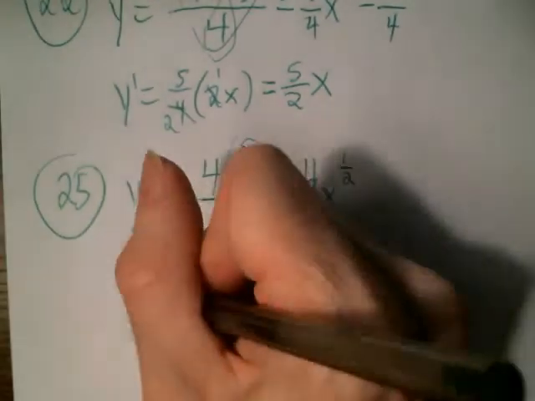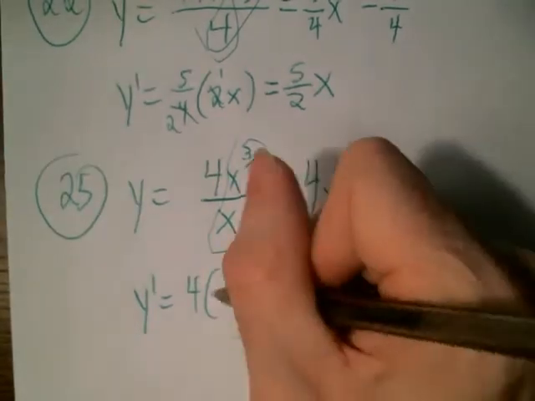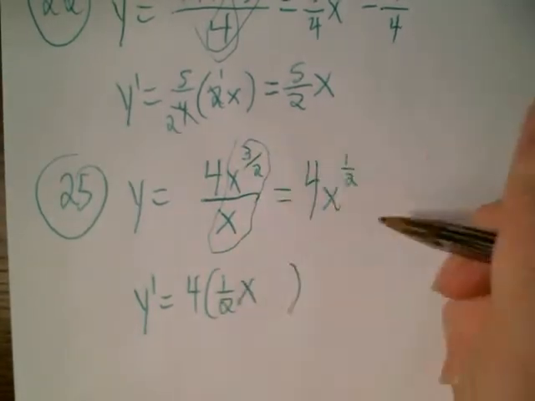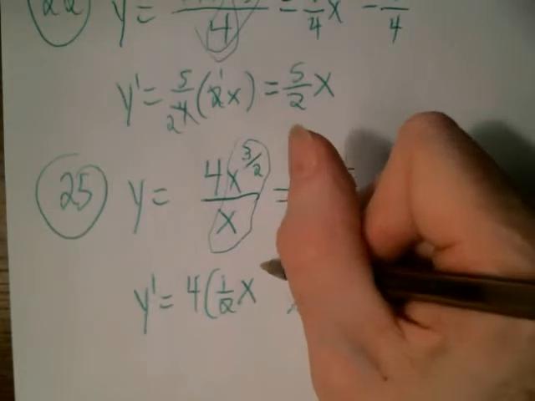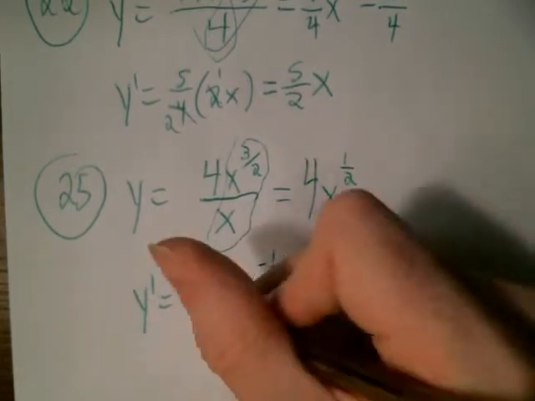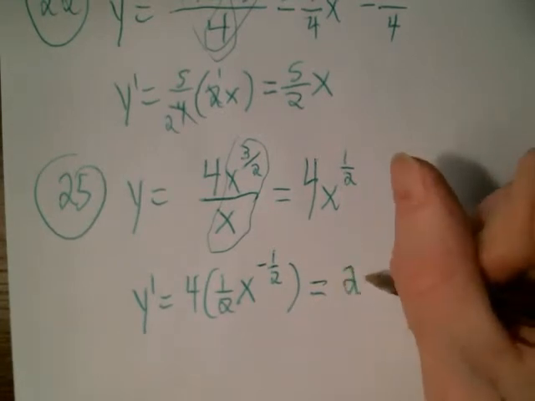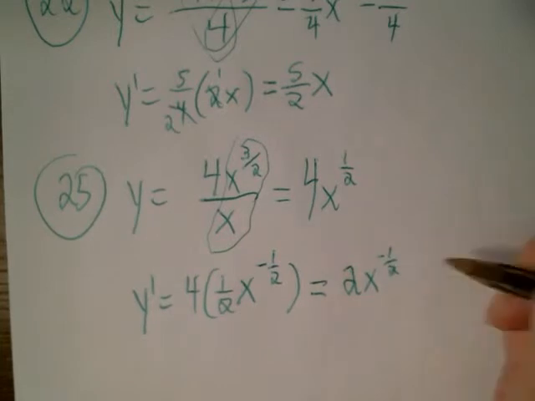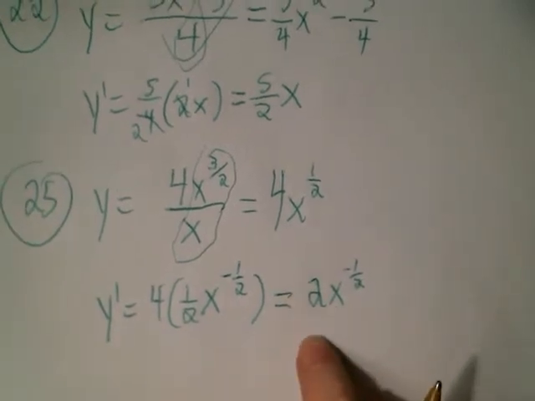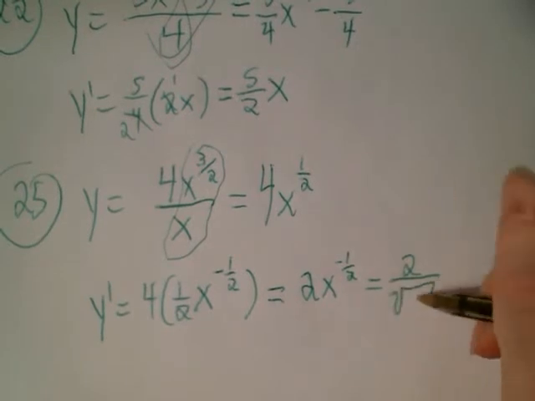And then you do the derivative. So y prime is 4 times 1 half x to the 1 half minus 1, which is negative 1 half. 4 times 1 half, of course, is 2 times x to the negative 1 half. And then you could bring this down into the denominator, 2 over x to the 1 half. In other words, 2 over root x.